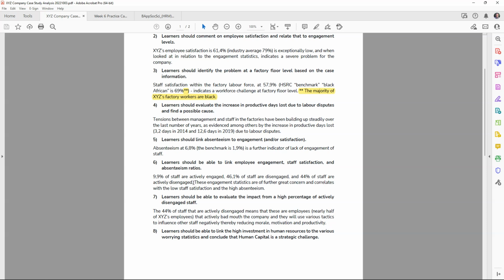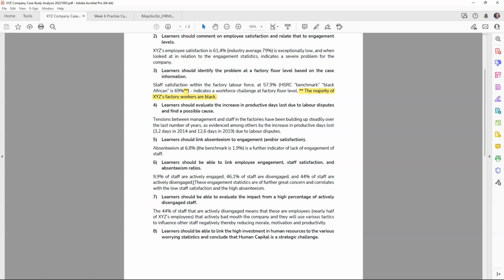People are bad-mouthing the company, and probably not only in the business where they affect other people, but they may do so at home, around a braai and whatever, so they would actively bad talk, if I can put it that way. In severe cases, actively disengaged staff may in fact also in some ways sabotage the operation of the company.